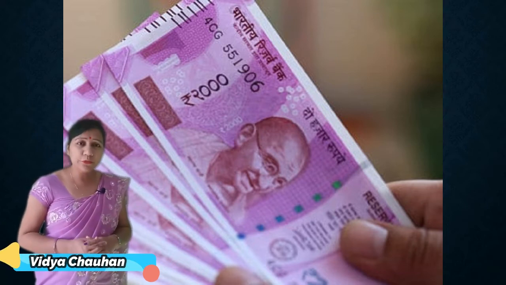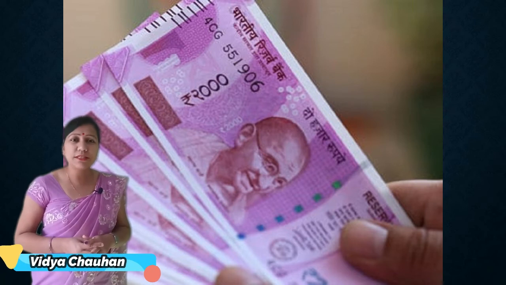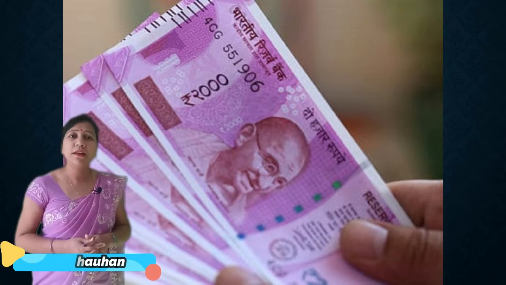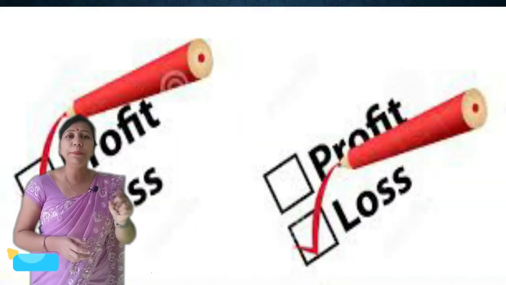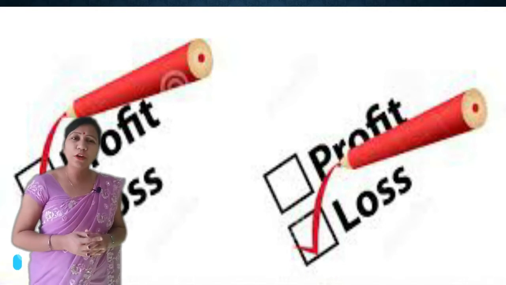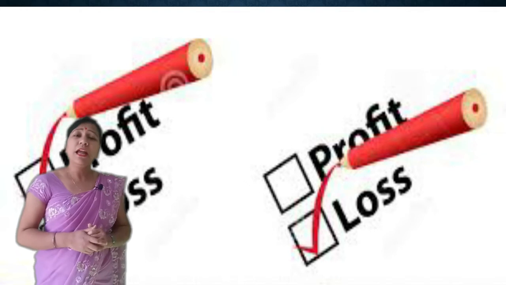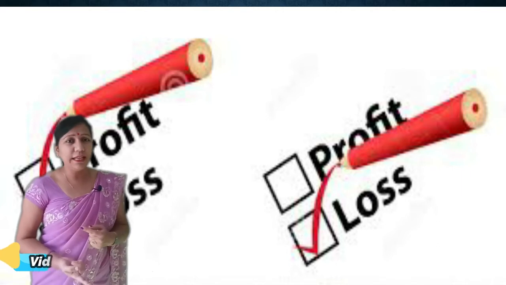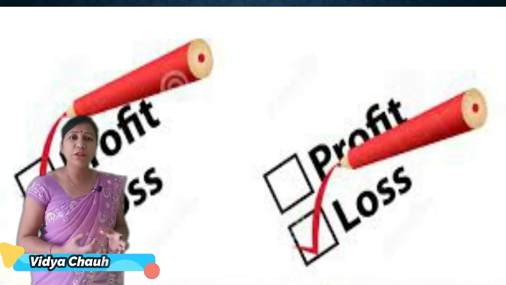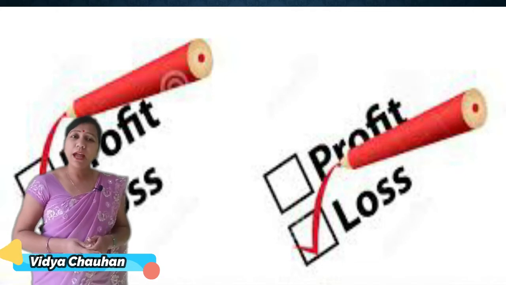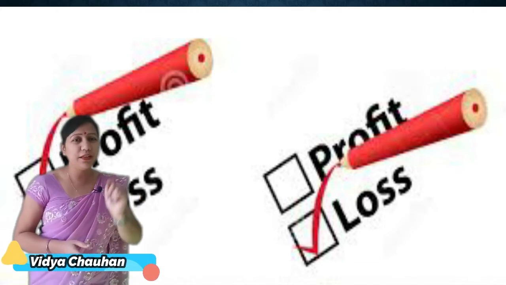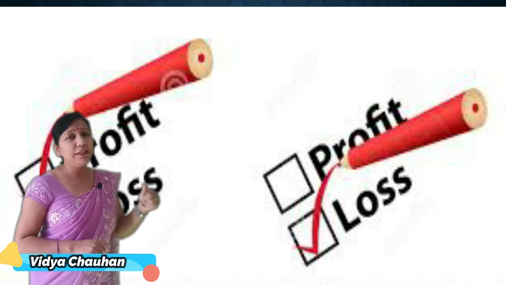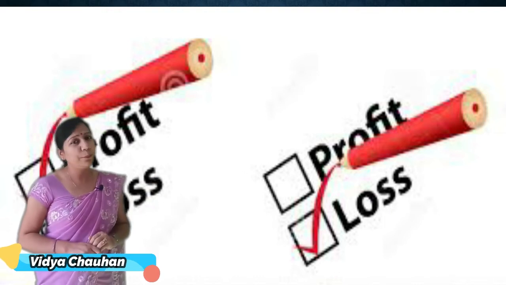Now, suppose the shopkeeper has purchased a good from the wholesaler at a cost of rupees 20 per kg, and he decides that he will sell this item to his customer at a price of rupees 25 per kg. So he purchased the object at rupees 20 per kg and he is selling it at rupees 25 per kg.